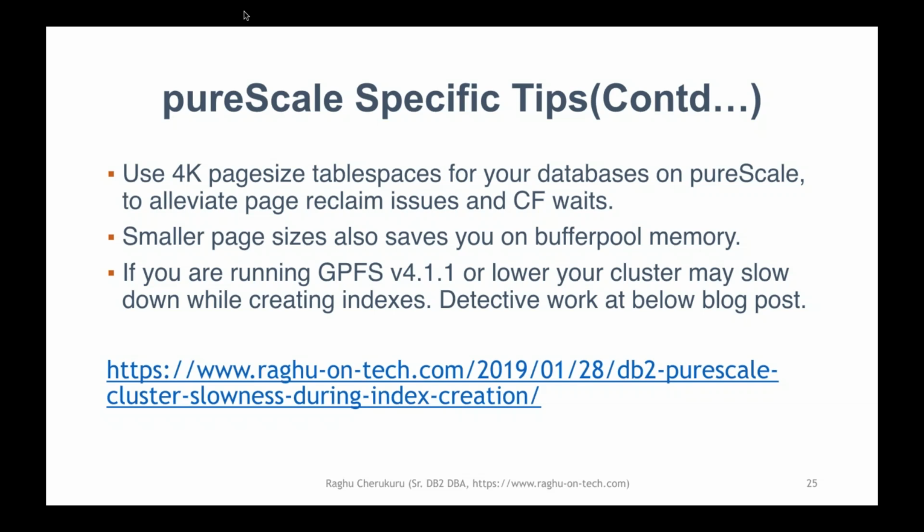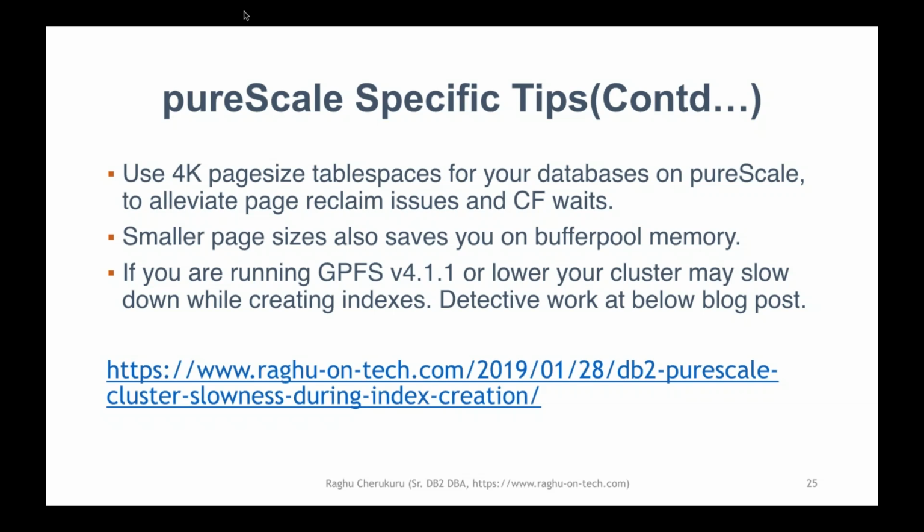And also, if you're using GPFS 4.1.1 or lower, while creating indexes, you might see some slowdown across the cluster. That's because we have this setting in GPFS called worker1 threads.